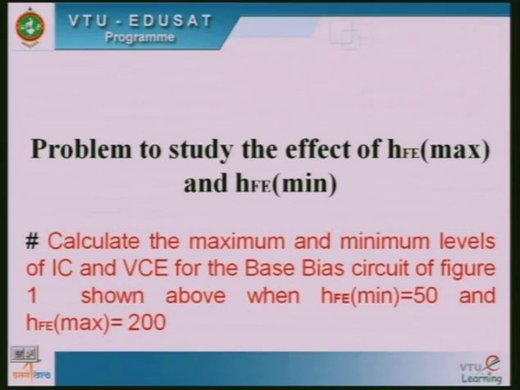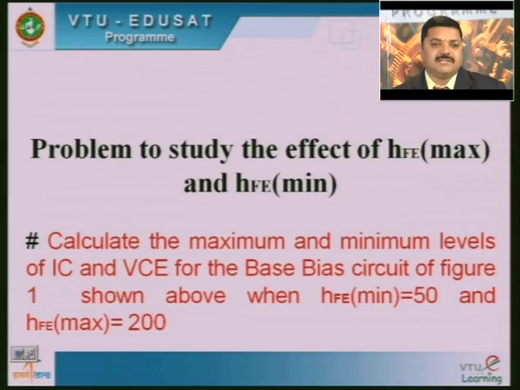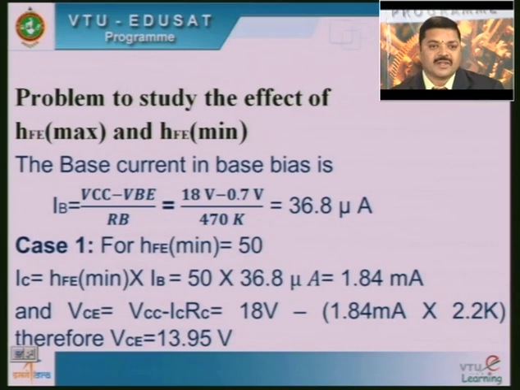Calculate the maximum and minimum levels of IC and VCE for the base bias circuit of figure 1 shown above, when HFE min is 50. Now, the HFE min value is 50, that is beta min, and HFE max is 200. The base current in both the cases will remain the same, because it is not dependent on beta or HFE min or max values.